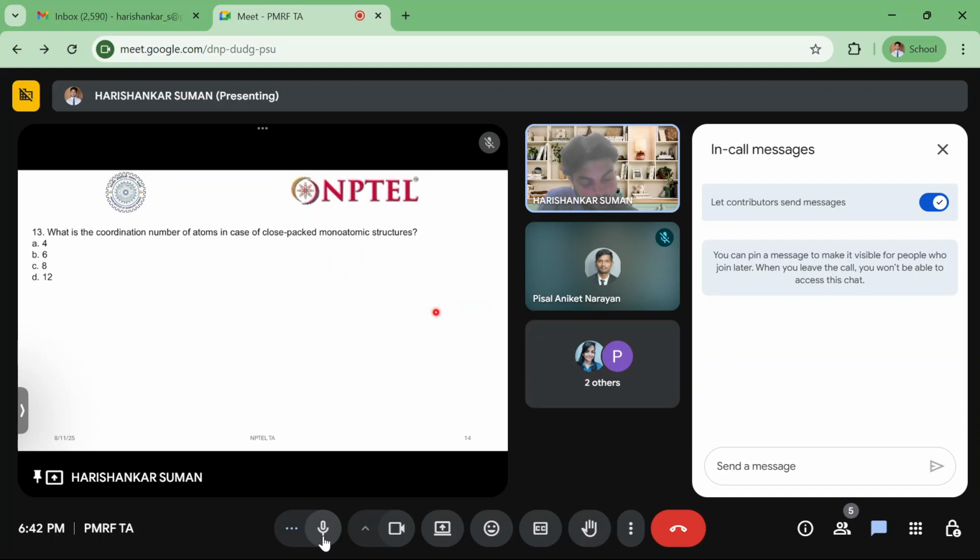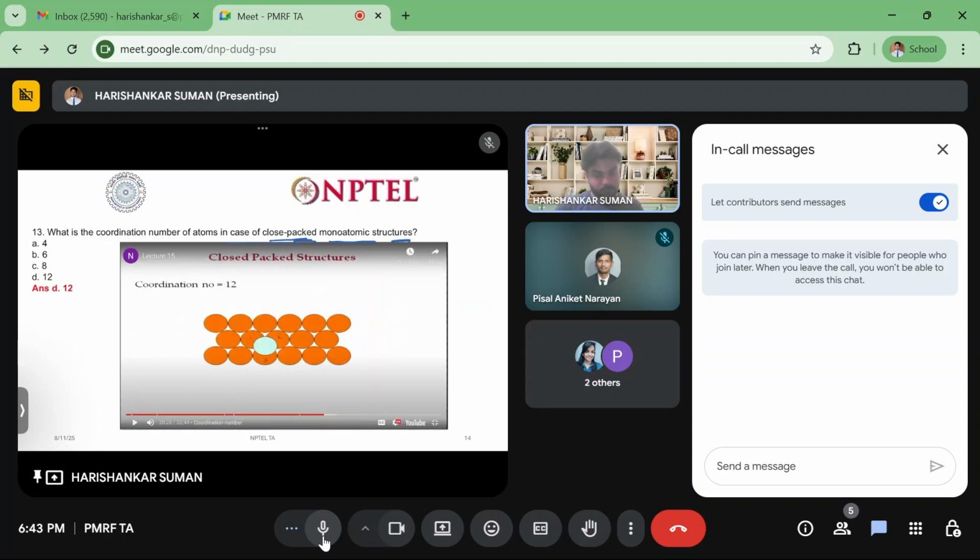Let's discuss question 13. What is the coordination number of the atom in a close packed monoatomic structure? 4, 6, 8, 12. Which option will be correct? So let's see.